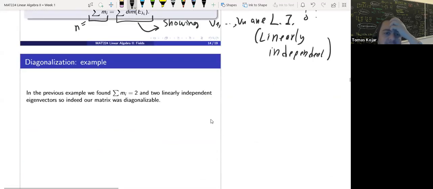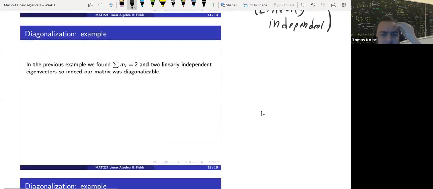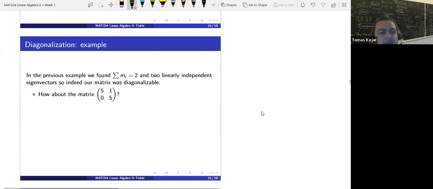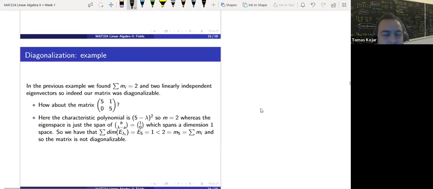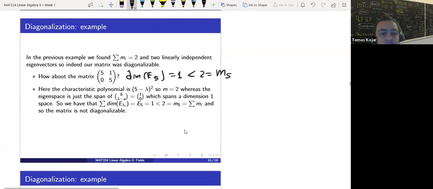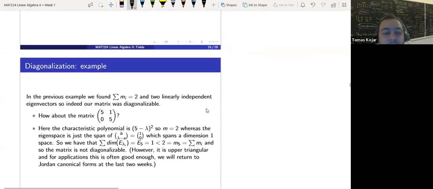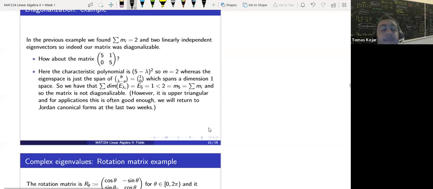All right. So in the previous example, I already talked about that. Oh, I'm also doing examples here. I see. So this is the example I was talking about. Here the dimension of E5 is 1, which is strictly less than the algebraic multiplicity. Just as a teaser, this is already in a good form.